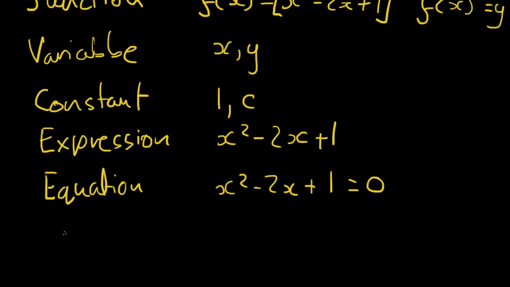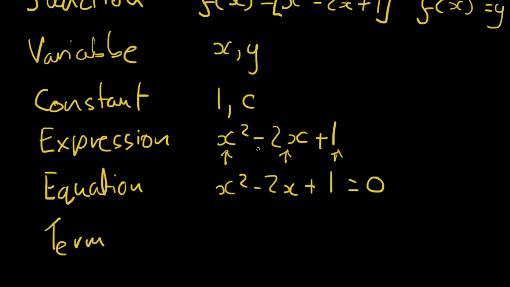You also need to know what a term is. And a term, in the function or the expression that we have, is one of these sets of variables and constants.